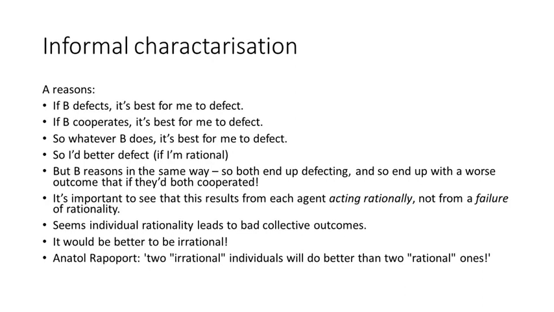Getting set free is better than spending a year in prison. So if B cooperates, it's best for A to defect. So whatever B does, whether B cooperates or B defects, it's best to defect, because in each case, I'll get the best outcome by defecting. So if I'm rational, I'd better defect. Whatever B does, that's the rational thing for A to do.